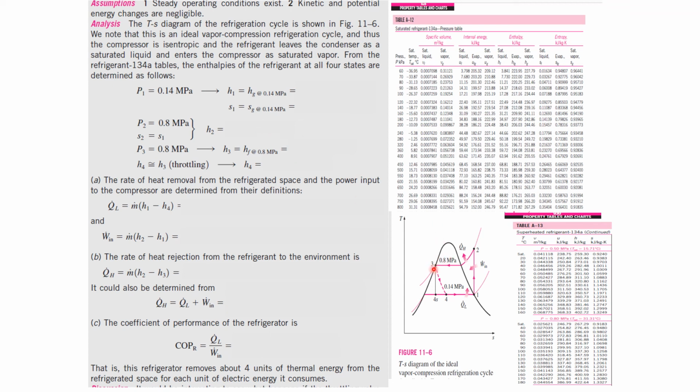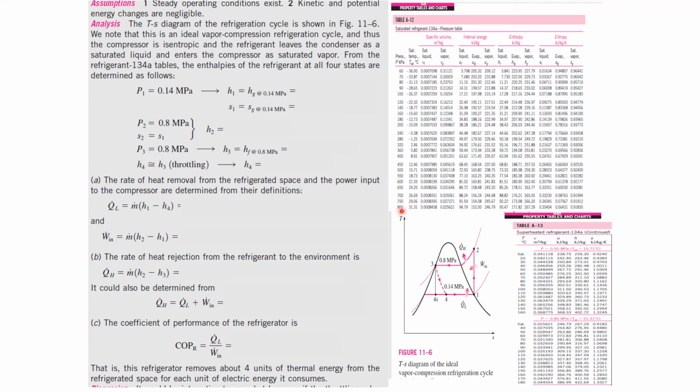Then we go to point 3. Point 3 is saturated liquid again. So this is at 0.8 megapascal. So we go back to this table because it's saturated, but this is saturated liquid. So we go to 0.8 megapascal, which is nothing but 800 kilopascal.